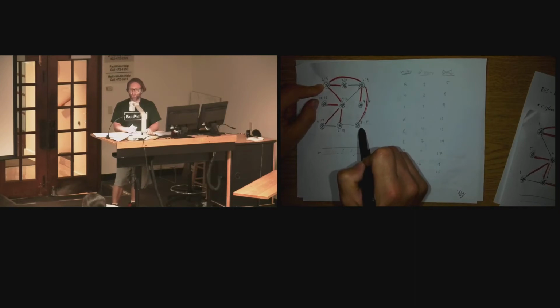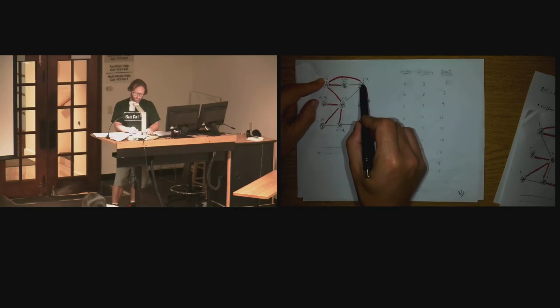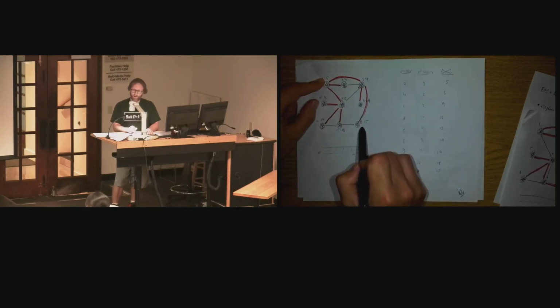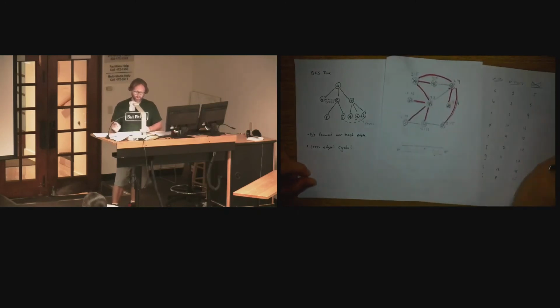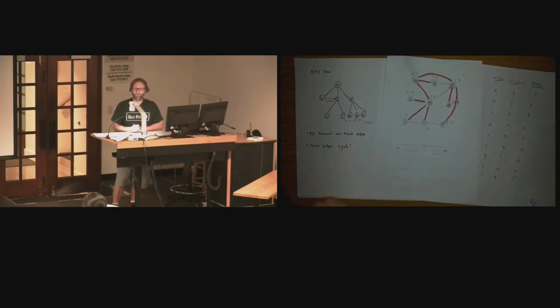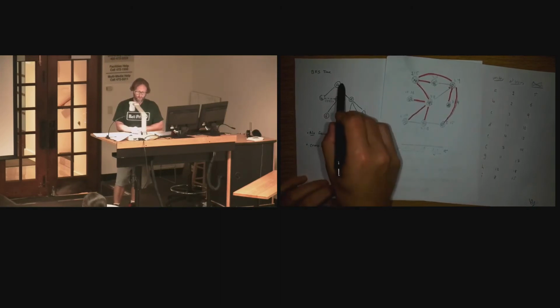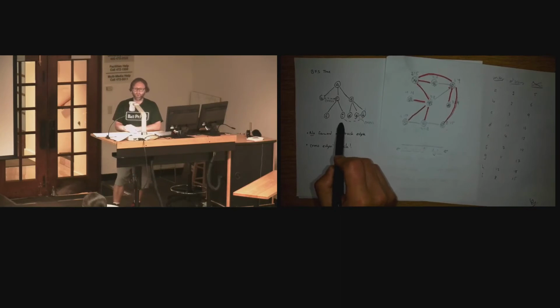Is that the shortest distance, though, from A to I? Nope. What's the shortest distance from A to I? A to C, and then over to I. That's the distance. Tell me about the tree. A to I, what's the shortest distance? A to C to I. Guess what?